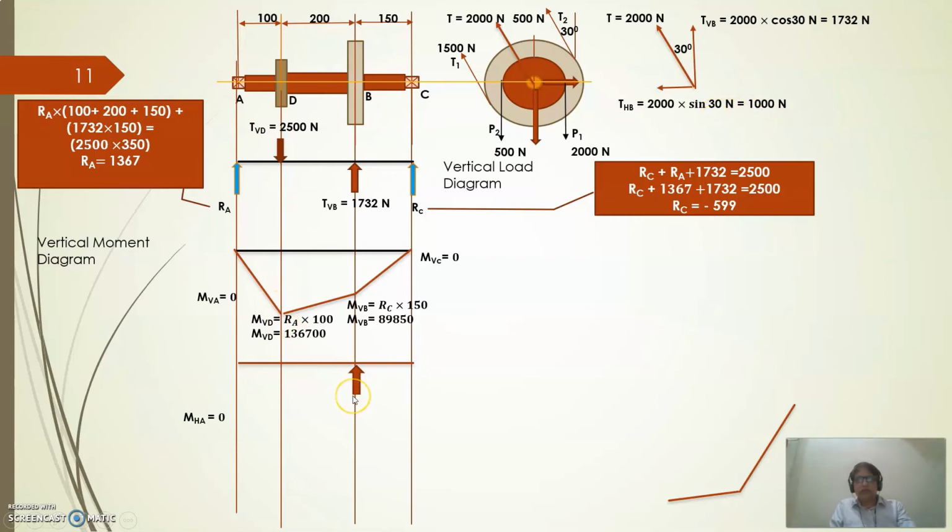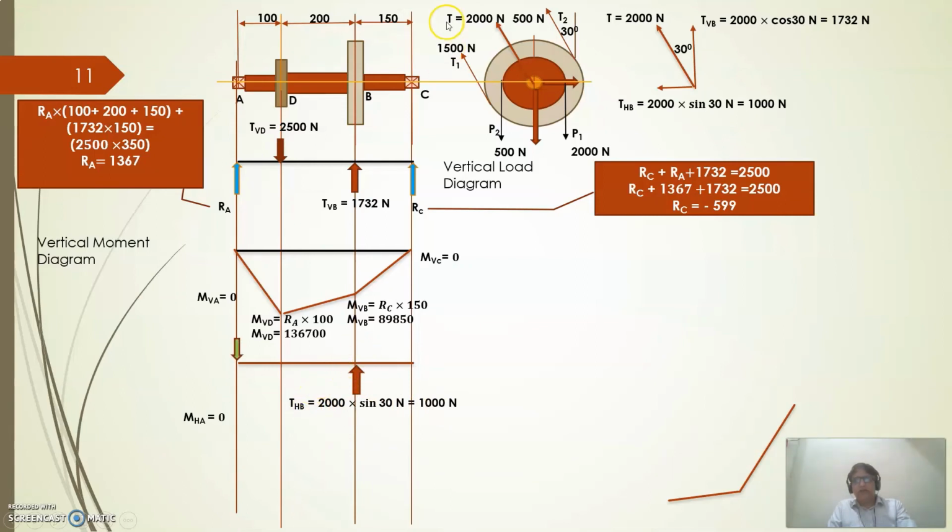Is there any other horizontal moment? I think there is no other horizontal belt drive there. An inclined belt drive has two components, one vertical and the other horizontal. So this is the only point. Now you have MHB equal to 1000, right?